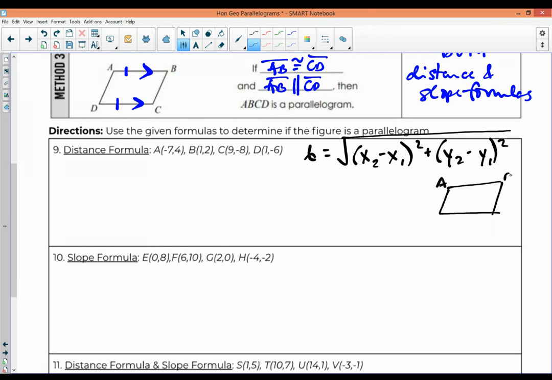Hypothetically, A, B, C, D. So we know we don't have to find segment AC, we don't have to find segment DB. So just went around in a counterclockwise motion. So the four segment measures I need to find are AB, BC, CD, and DA.